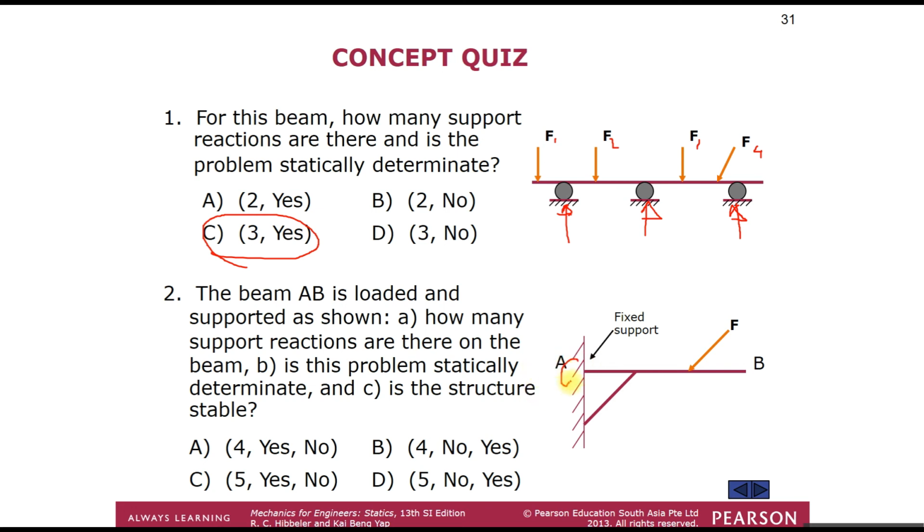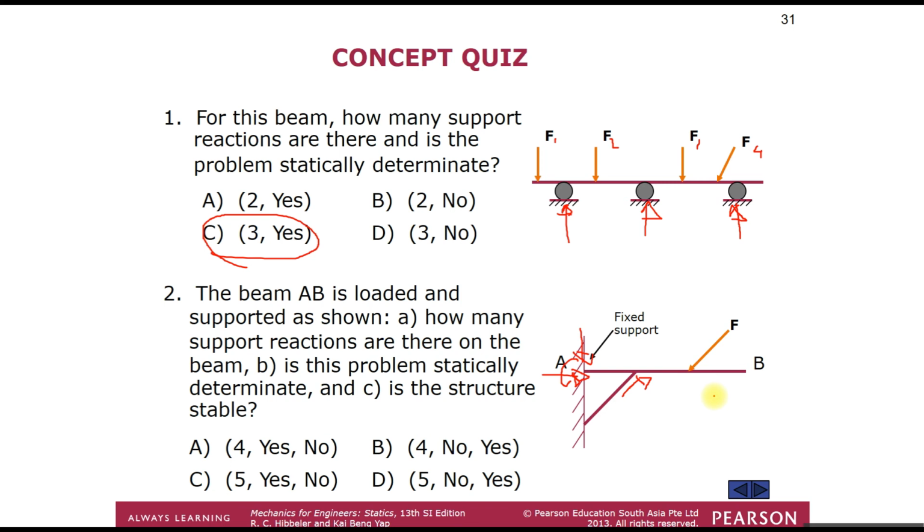We don't know the reaction here. Because this is a two force member, we also have reactive forces here and here. So how many reactions do we have? 1, 2, 3, and 4 reactions. 4 reaction forces.